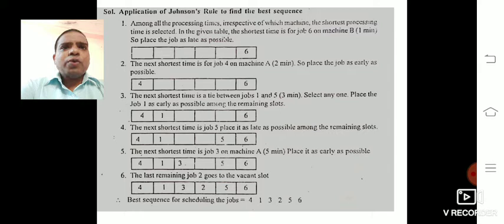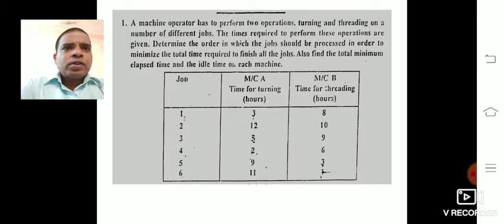Now in the third step, the next shortest time is a tie between job 1 and job 5, that is 3 minutes. Select any one. The next minimum processing time is 3: for job 1, it occurs on machine A, and another 3 is for the fifth job on machine B. It is a tie, so we can select any one.